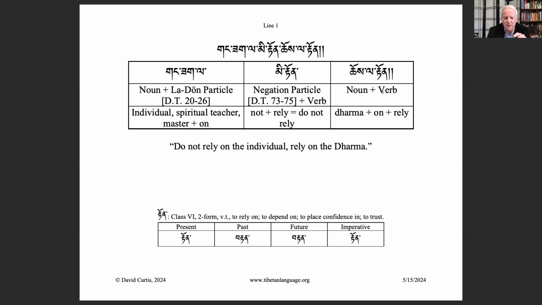Regarding the word tun, then at the bottom of the page here, we see tun, a class 6 verb. So there are 8 classes of verbs, and it's a class 6 verb. So first I'll talk about that a little bit. A class 6 verb means that the subject would be in the instrumental case, and the object would be in the accusative case. Now, the accusative case is one of the 3 that's marked by a la-don particle. So we see the gongzak la.